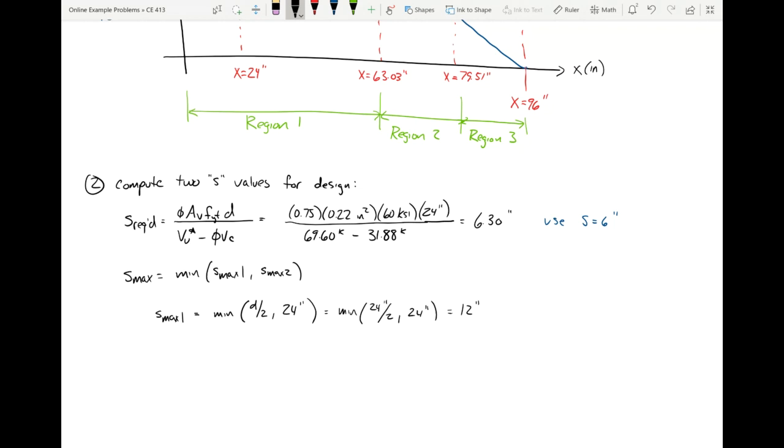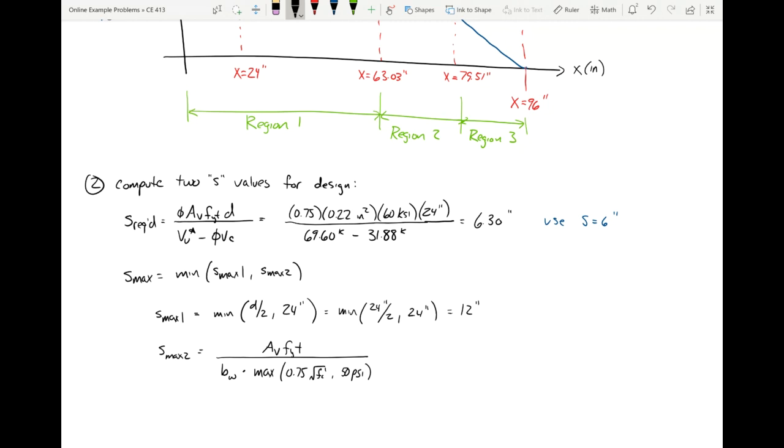And then S max 2, the formula for S max 2 is kind of long, but it's not hard. So it's B times the maximum of 0.75 times the square root of f'c, or 50 PSI, and this is Av fyt. Now, I need to do this calculation off to the side.